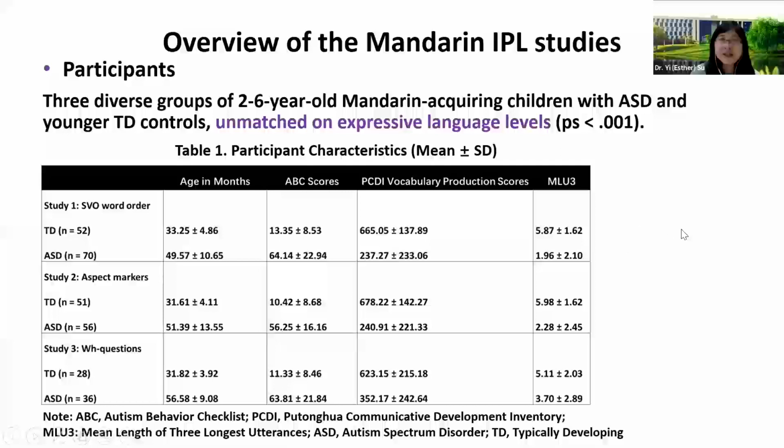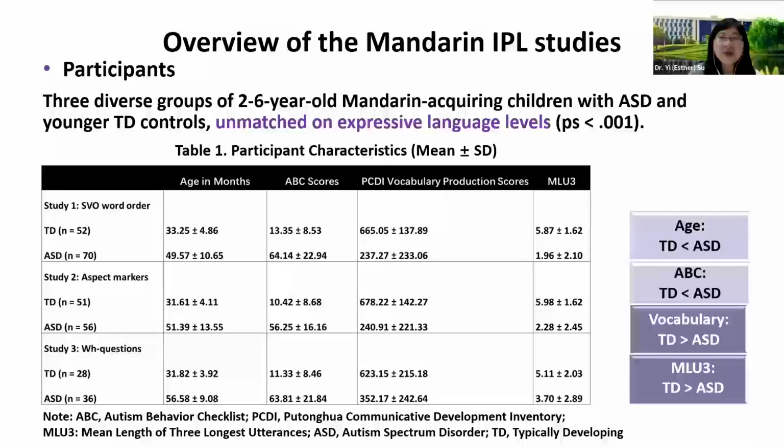So for our participants, now actually we have a much larger sample than the previous English studies. So we have 3 diverse groups of 2 to 6-year-old Mandarin acquiring children with SD, and also younger TD controls, but they are unmatched on expressive language levels. So for their age, TD children are significantly younger than children with SD.